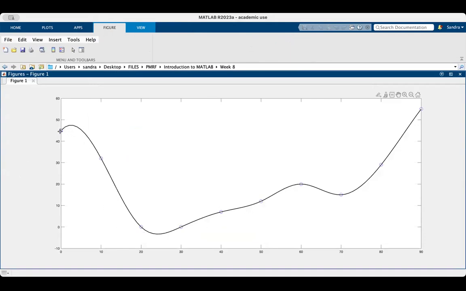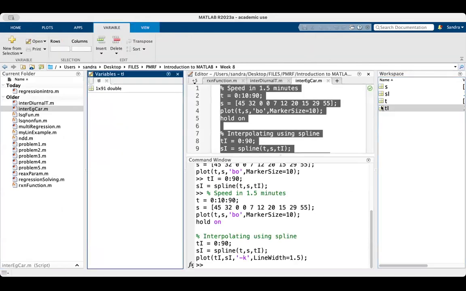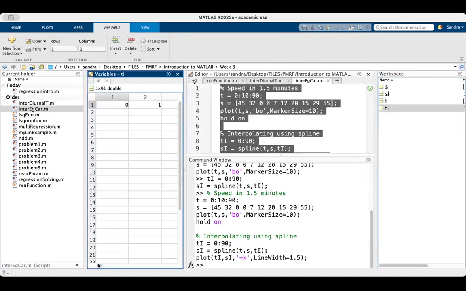Now what I did is a spline interpolation, so you can see a curved path passing through all the data points. TI is like this, 0, 1, 2, 3, and the SI will be corresponding to 45, 46.6. You'll see how the behavior is.